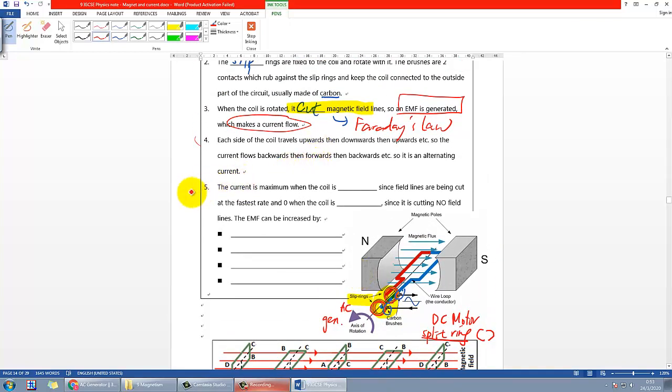The most difficult thing is number 5, which you may want to put a star next to it. We want to determine whether the current is maximum or zero when the coil, this is the coil, is horizontal or vertical, or you may call it parallel or perpendicular to the magnetic field.